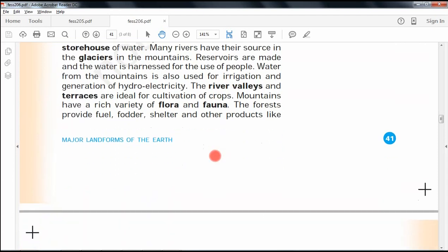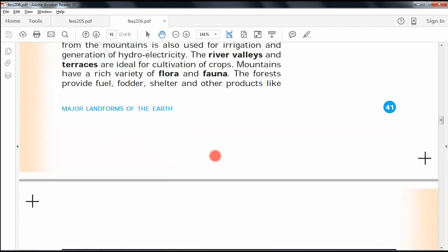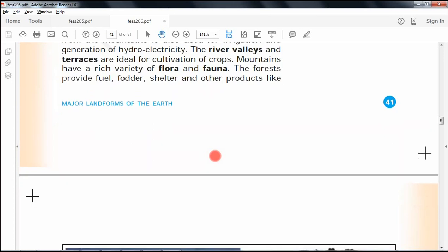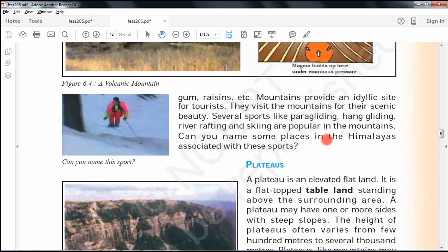The river valleys and terraces are ideal for cultivation of crops, and mountains have a rich variety of flora and fauna. These forests provide fuel, fodder, shelter, and other products. Also, mountains provide good sites for tourism because of their scenic beauty, and many sports like paragliding, hang gliding, river rafting, skiing, etc. can be played in these mountain regions.